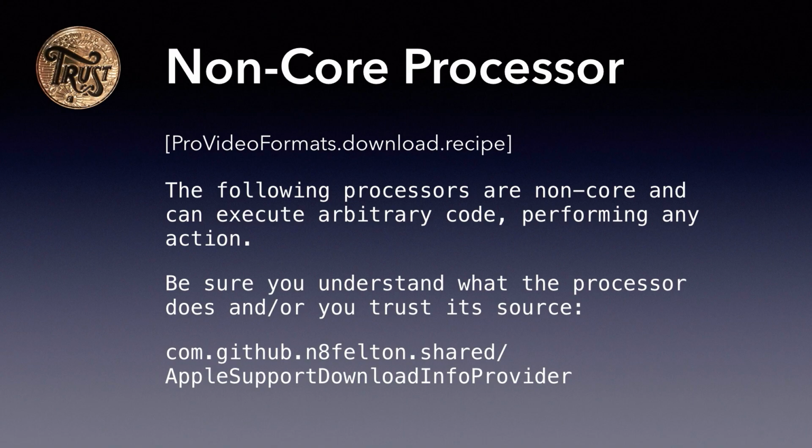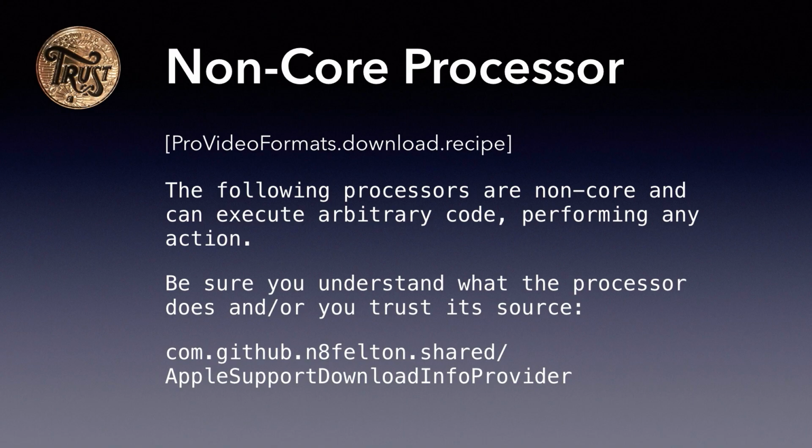And here's an example. I used in my Pro Video Formats recipe a non-core processor written by Nate Felton. Nate will be presenting tomorrow morning at the conference. He wrote something where you take the Apple number for a support download, a 4-digit number, put it in as an input key in your override, and voila, it downloads what's part of that page.